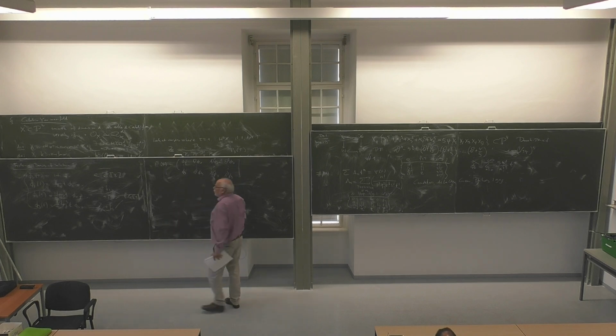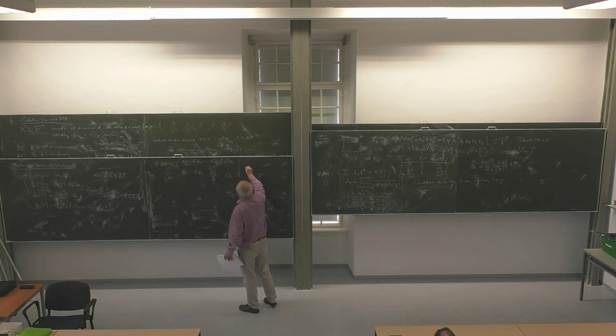So this is a 4 cross 4 matrix. Well, but the entries are power series in T, and there are also logarithms.